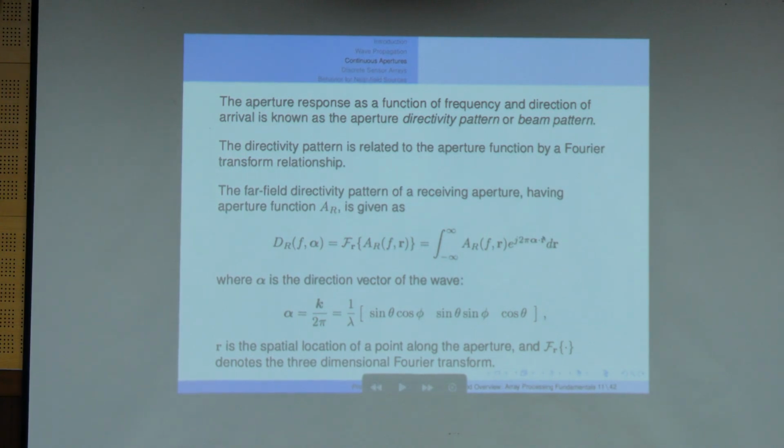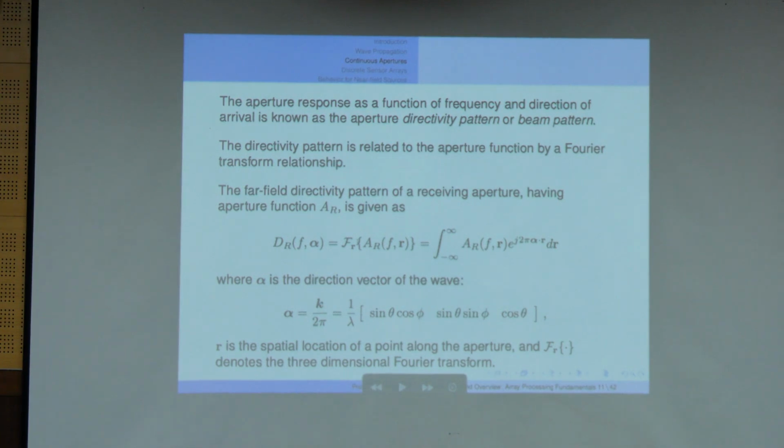Of course, it depends on the type of wave, the type of aperture, and so on. But you see that the three-dimensional Fourier transform of the aperture function is the directivity pattern.